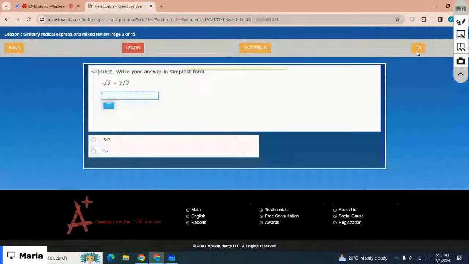The next one is negative square root 7 minus 7 square root 7. So which is the correct option? You can solve the question in your notebook and write the answer in the chat box. Which is the correct option?